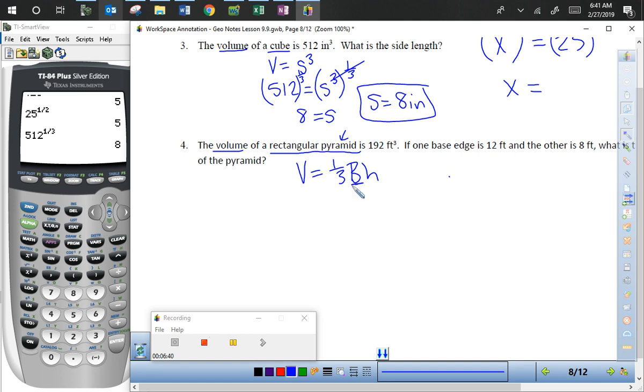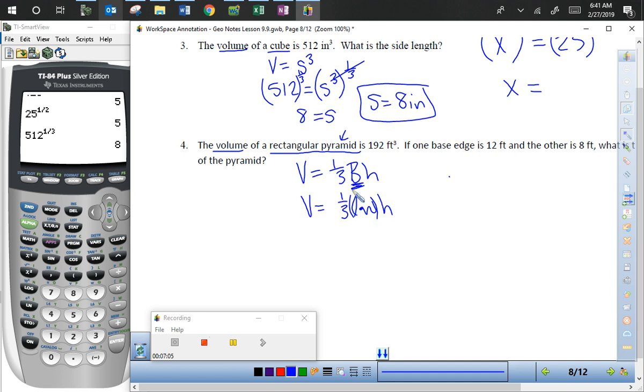But this area of the base is actually a little formula in itself, so we're going to have one more step here. We'll say V equals 1/3, and then we have to think, how do you find the area of a rectangle, since that is the base of a rectangular pyramid? That's length times width, and then our height comes down. So this is equivalent to our base, length times width.